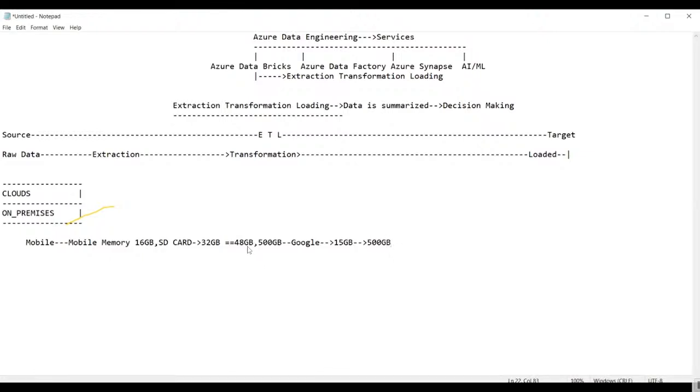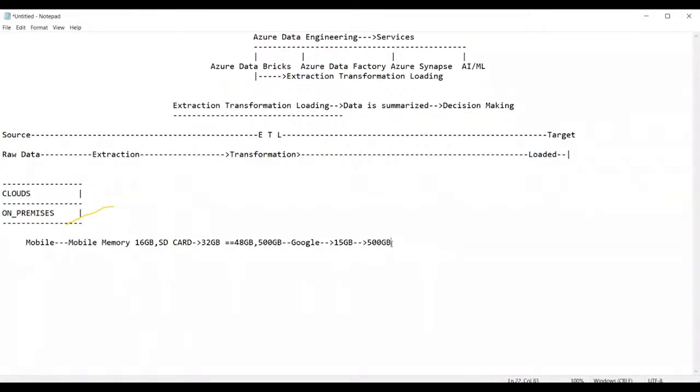Will Google provide you 500 GB free of cost, or will they charge something for it? They will charge. After 15 GB, even if you store 0.1 MB, it is going to charge you. So you can buy the space on Google Drive by paying some cost.